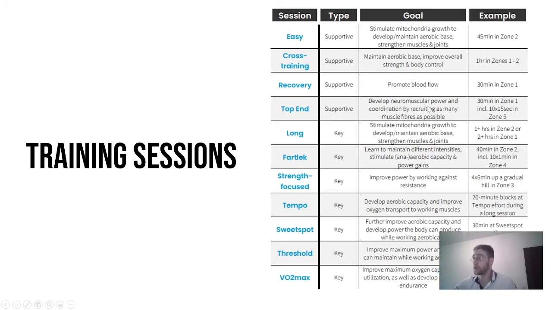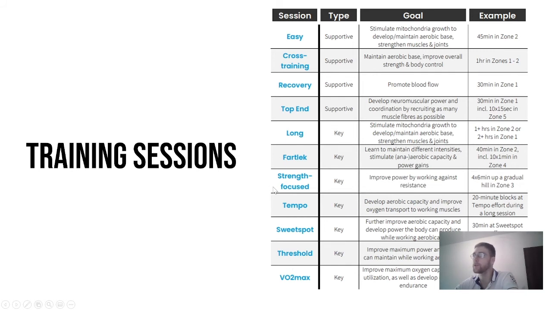Then we have to develop a neuromuscular power top end session, and then we go into harder ones like the long one, where we really stimulate that mitochondria growth further. Fartlek is kind of a faster or initial speed session. Then we have a strength focused one where we work against resistance. And then, as I mentioned already, tempo, sweet spot, threshold, VO2 max effort.